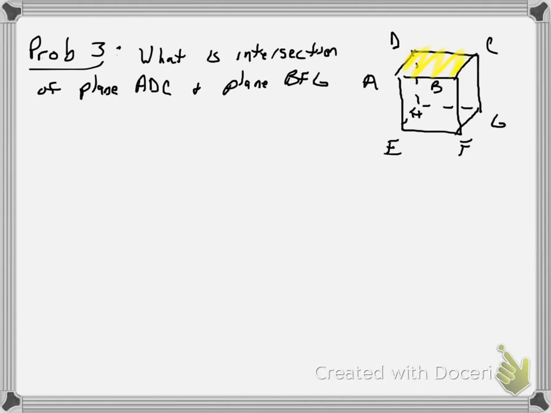Sorry, I had technical difficulties there, but BFG is this one right here, this side one. So what is the intersection between those 2 planes? Well, an intersection in planes is a line. Well, the line that intersects those 2 is line, or segment in this case, BC.